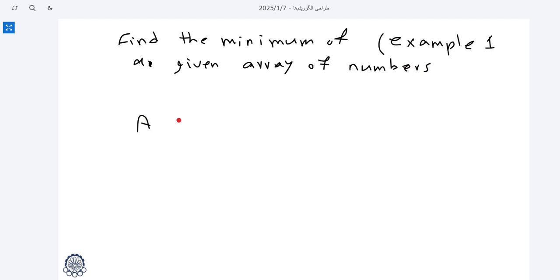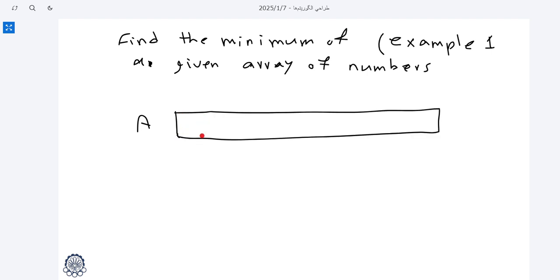We have array A of n numbers: one, two, three, four, to n. You have n numbers in an array, and you are going to find the minimum of this array.